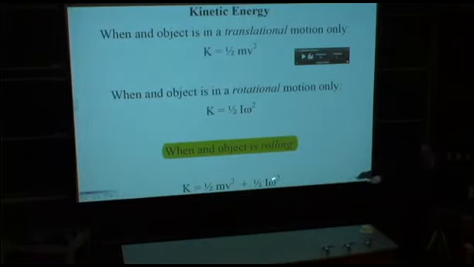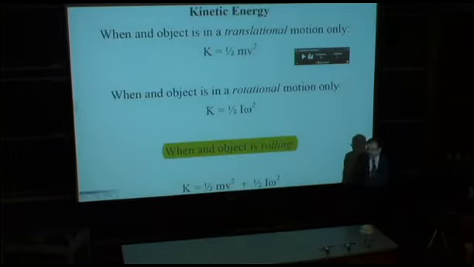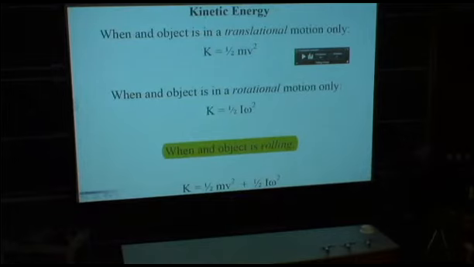And this term now represents additional kinetic energy due to rotation. So this is the rotational kinetic energy. So for the rolling object, we should add them up. That's it. And for the rolling object, the work-kinetic energy theorem, of course, is applied. And it looks like this.